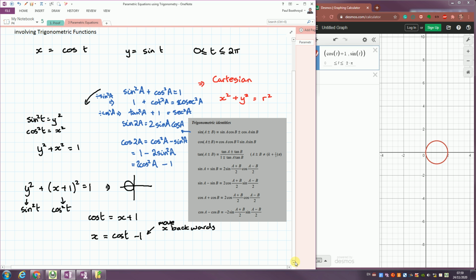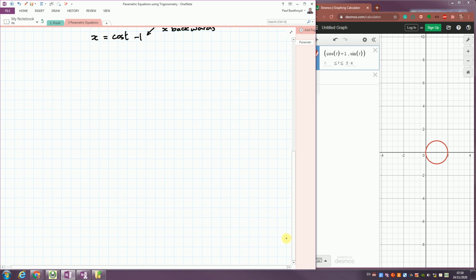Okay. A couple of other quick things with this. You can multiply them, and let's do the equation of a multiplication one. So let's do y, and I'm going to flip this round, and there's a reason for that. This time I'm going to do x equals sine t, and y equals 2 cos t, and see the effect of this.